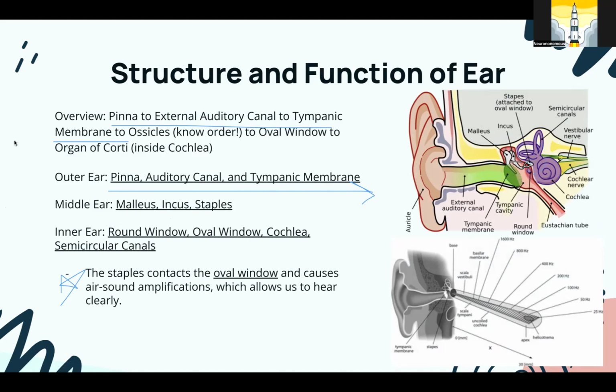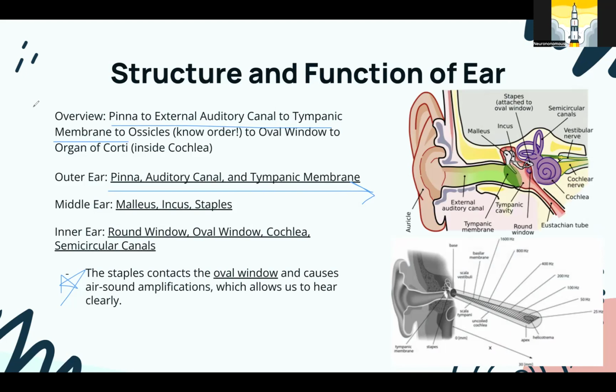Lastly, we can look at the inner ear. The inner ear involves the oval window, like I just talked about. There's also a round window here, but we're not going to talk too much about it. Then we also have the cochlea and the semicircular canals. The semicircular canals are very important for our vestibular sense, our sense of balance.